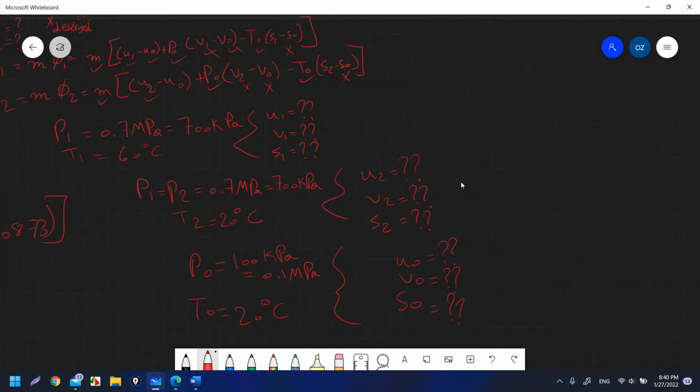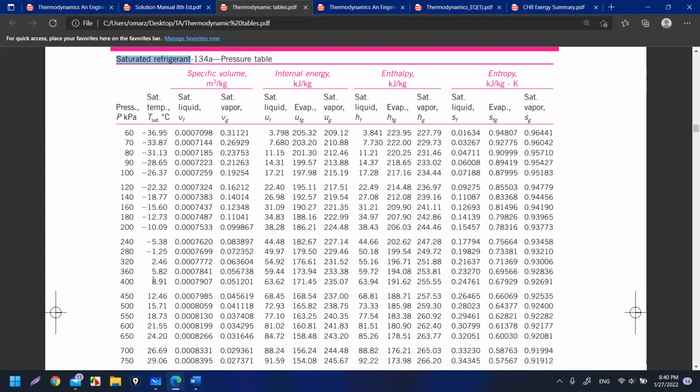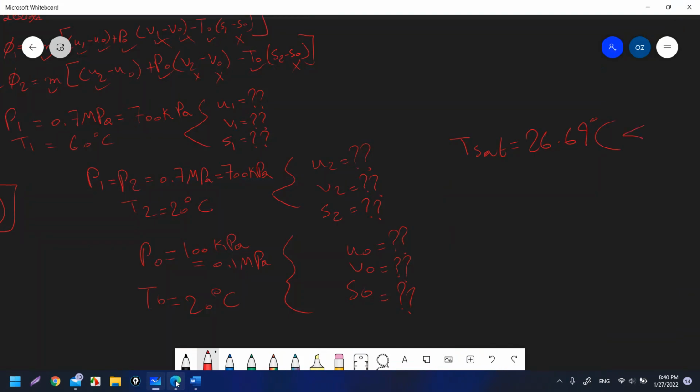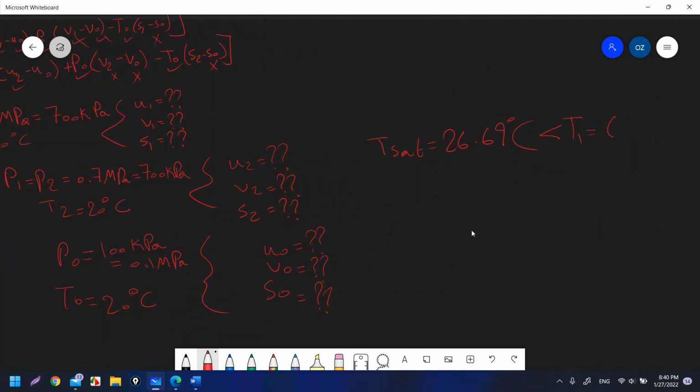So we can say that T sat, 26.69 degrees Celsius from the table, is less than my temperature at the first state, which is equal to 60 degrees Celsius. So it is a superheated state.